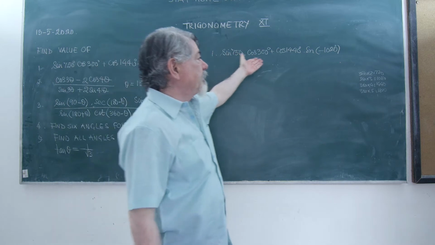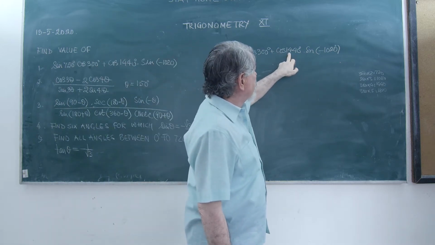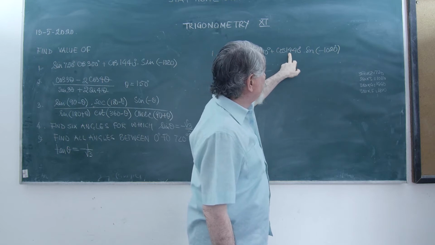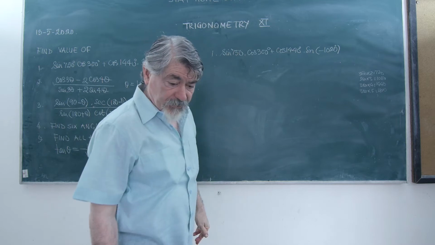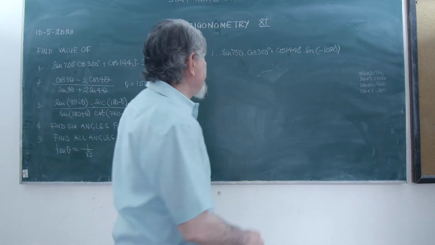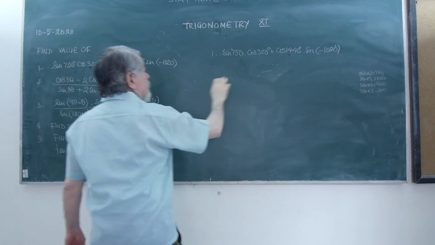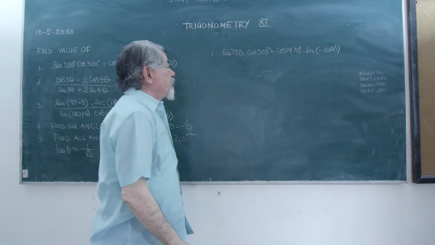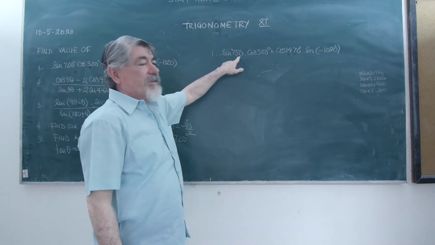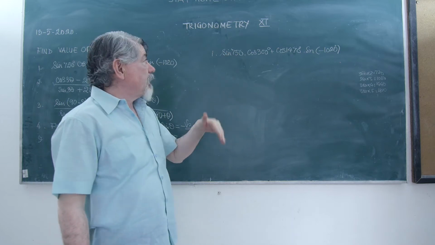Here we can see the angles are not more than 1470. Now 750 can be written as 720 plus 30.